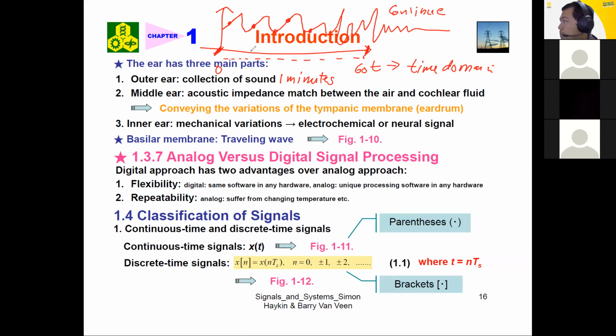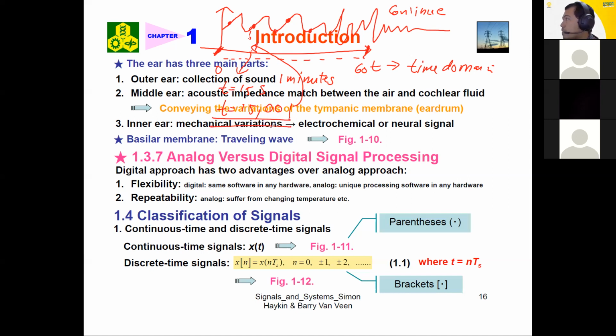When we pick up a value at, maybe, t equal to 15 second, there is always a value. Even with t equal to 15.001, there is a value. Please keep it in mind.